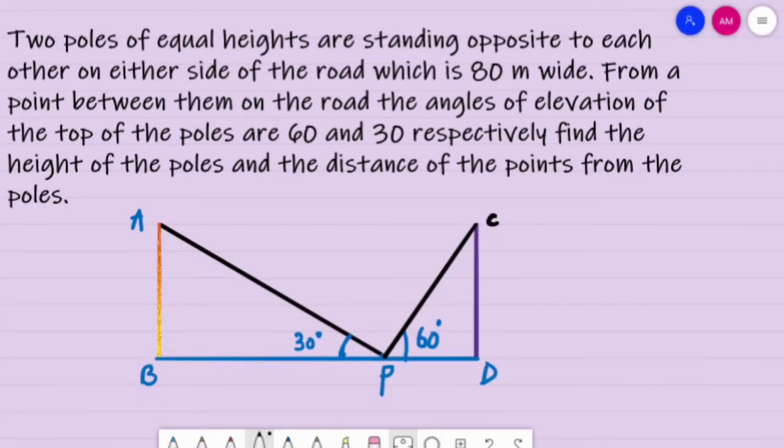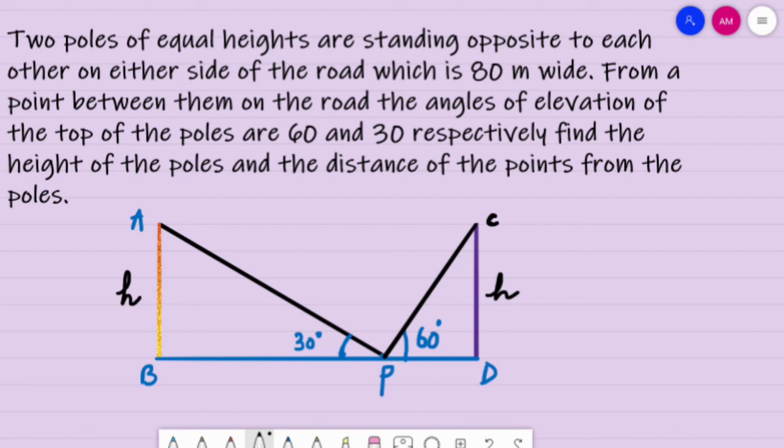The next question is, see, two poles of equal heights are standing opposite to each other on either side of the road which is 80 meters wide. Okay, first of all let us see what this is. See, two poles of equal height. Suppose this is H, then this is also H. AB is one pole, CD is one pole.